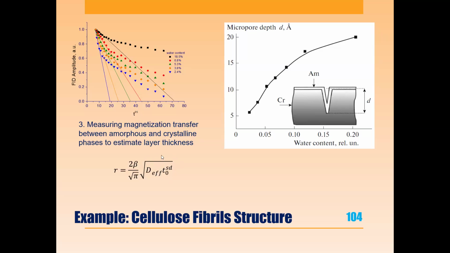After some calibrations with the spin diffusion coefficient, this can be used to estimate the dimensions of the spreading of magnetization from the amorphous part, from something on the surface, deep inside the crystalline. So we acquired these decays while varying the water content, and the depth of travelling of spin diffusion was estimated.